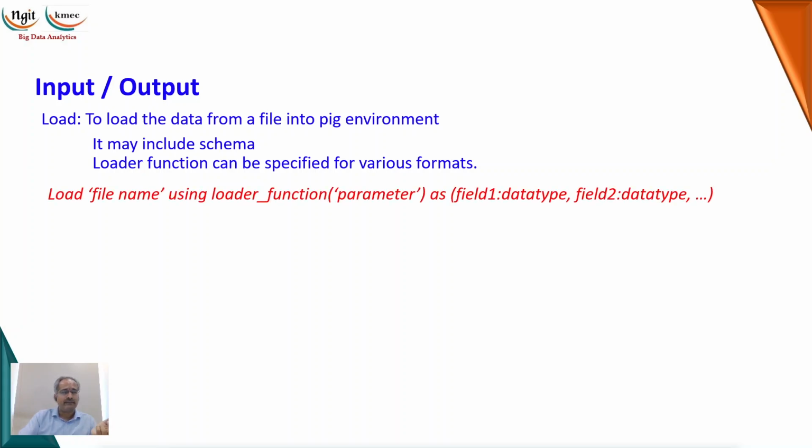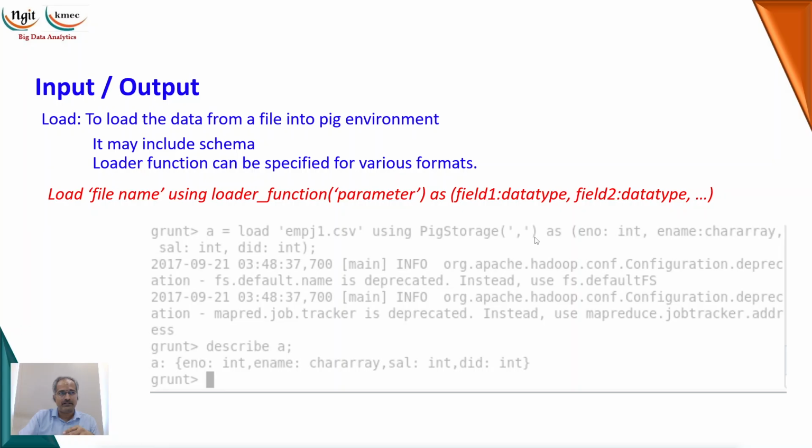Now the syntax is load file name. You can give the file name in quotations, using a loader function. Using some loader function you should provide, and then you should provide the parameters. That is, you have to provide field name one colon data type, comma, field name two colon data type, and so on. However many fields there are, you can mention that many fields.